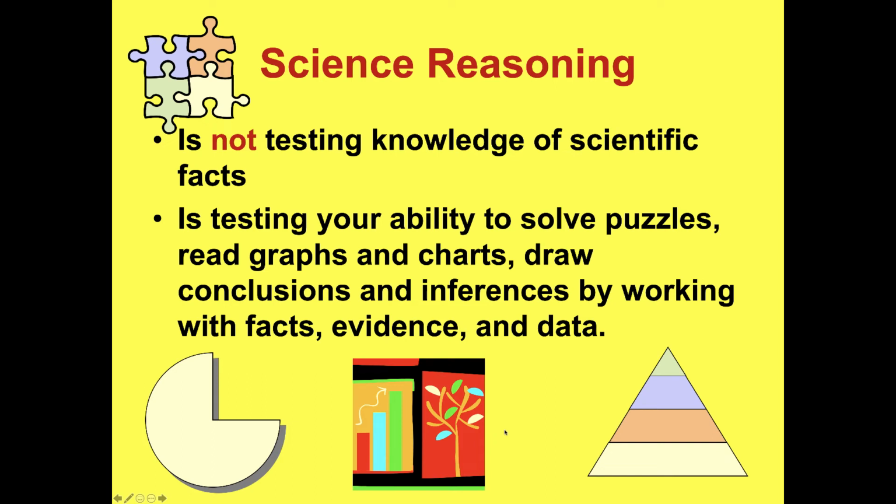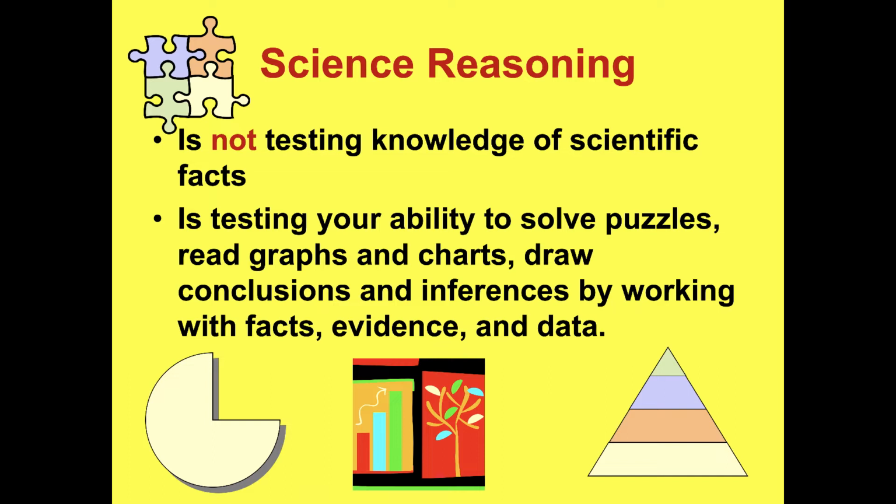Today we're going to talk about scientific reasoning, and specifically we're going to talk about what's known as data representation. Now, the scientific reasoning part of the ACT, which these next three classes are going to be ACT preparation, it's important to understand that this does not actually test your understanding of specific scientific facts.